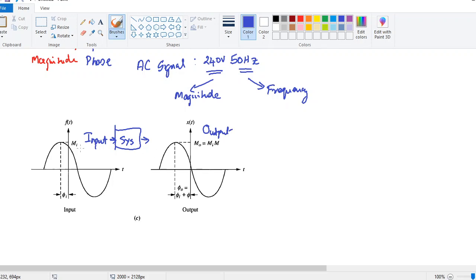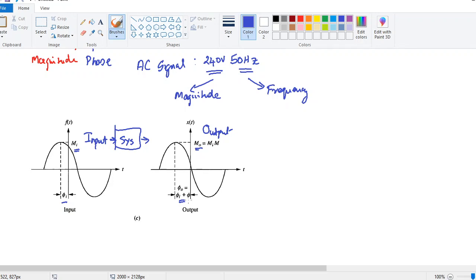So you can see here Mi is the input and phi I or theta I, whichever way you want to refer to it, phi I is the input angle, right? Now when the input goes through this system, it has a different magnitude Mo, and it has a different phase, which is phi O.